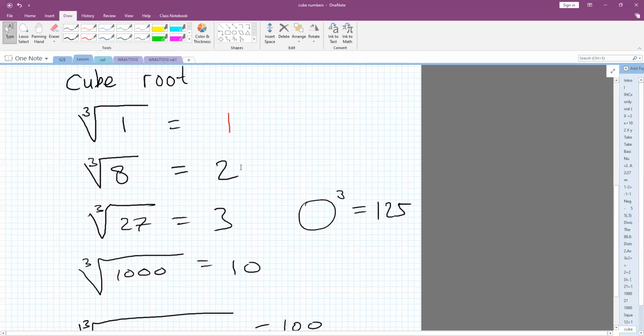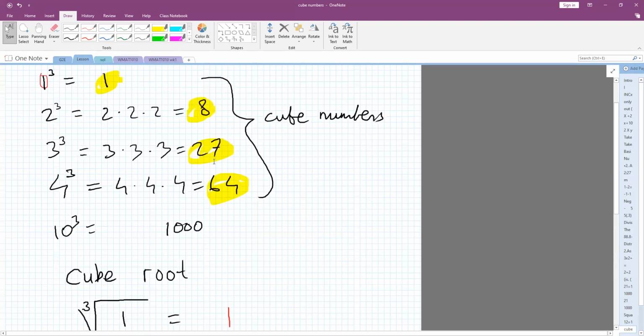Okay, let's look at this example again. See, 4 cubed equals 4 times 4 times 4, which is 64. Now let's continue one more time. 5 to the power of 3 is 5 times 5 times 5, right?